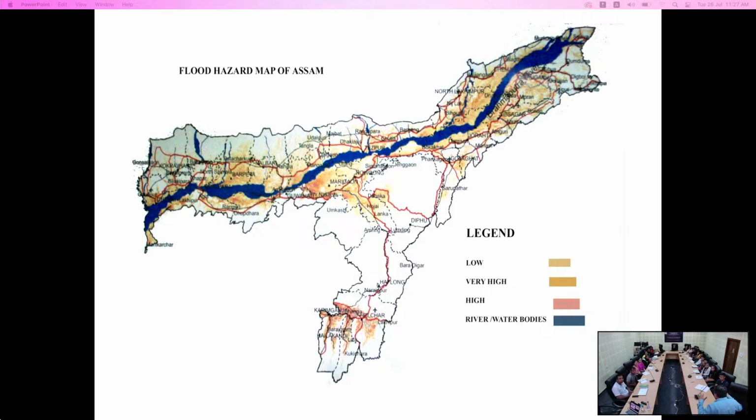Now, this is a flood hazard map, and the purpose of preparing this map is to give you an idea of the geographical distribution of intensity of flood hazard. So, you see that everywhere flood hazard is not the same. In some areas it is more, in some areas it is less. Why? Because in some areas inundation is more.